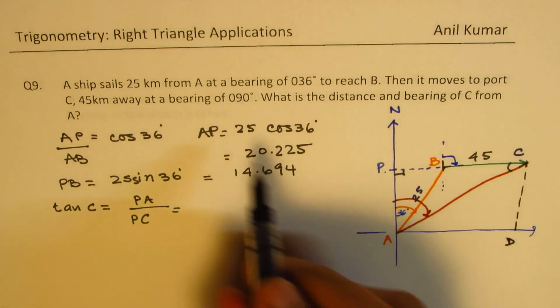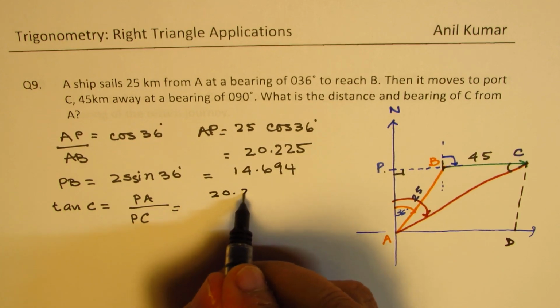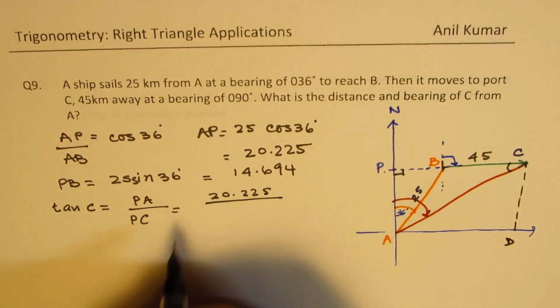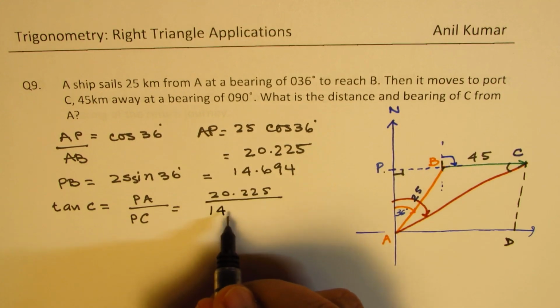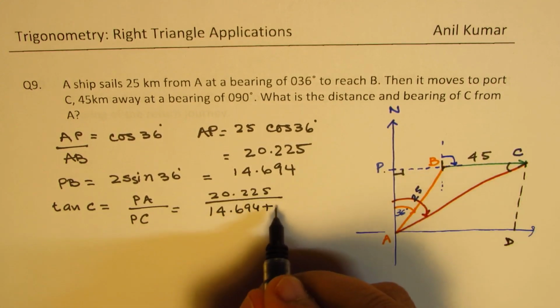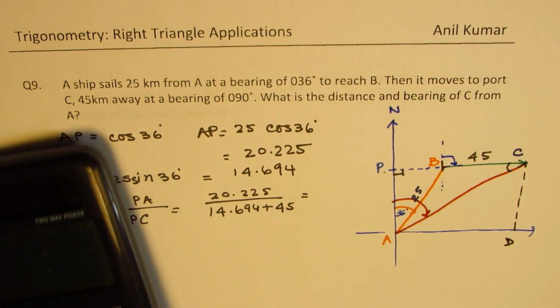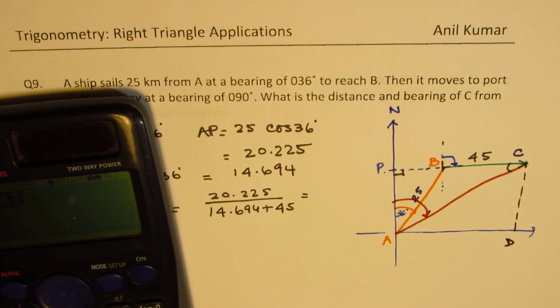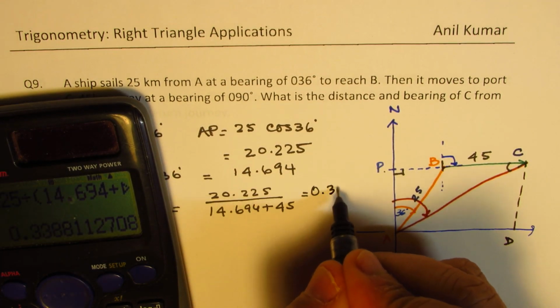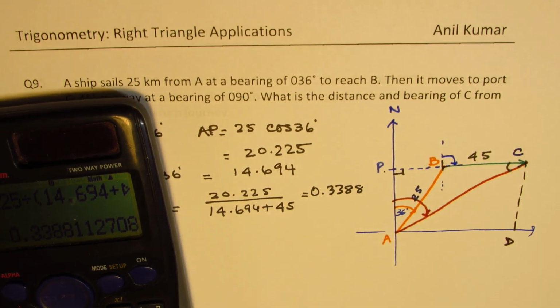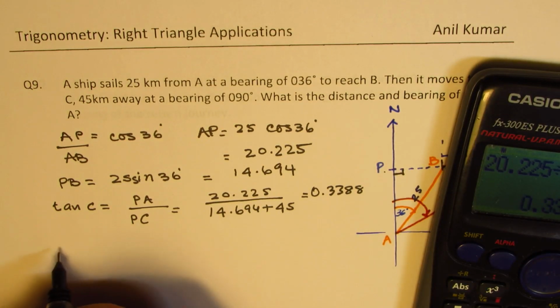Now PA or AP is 20.225 and P to C is 14.694 plus 45. So we get what tan C is. Let's figure this out. So we have 20.225 divided by, within brackets, 14.694 plus 45. And that is equal to 0.3388.